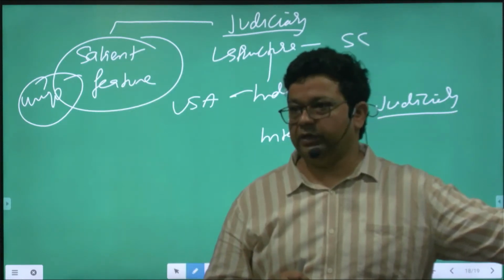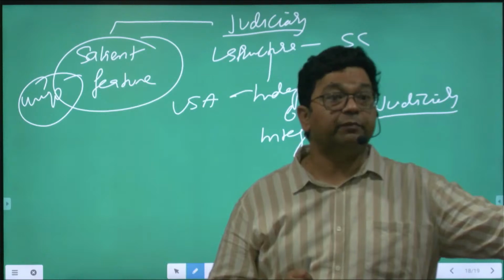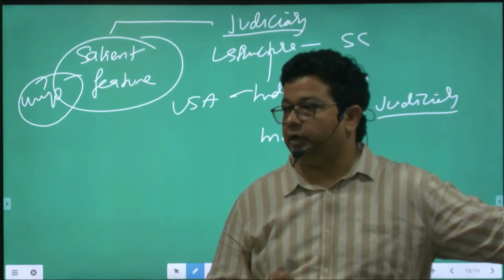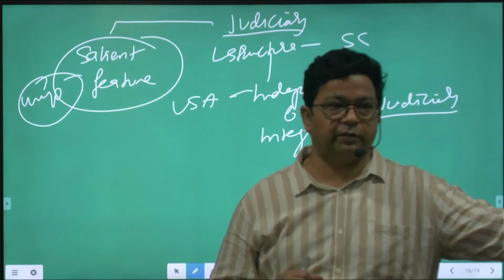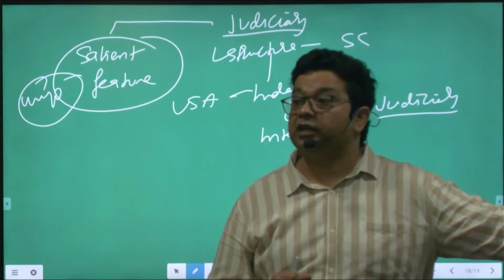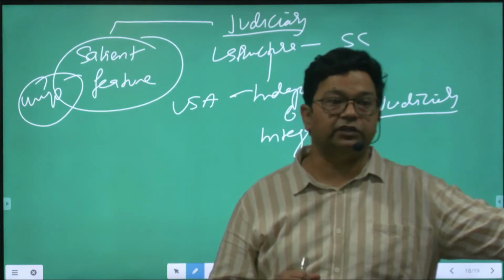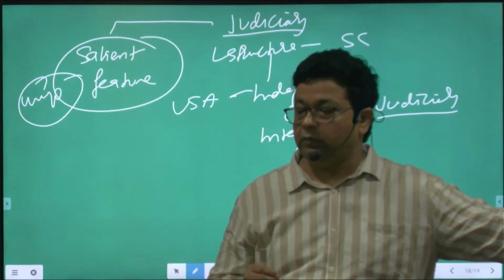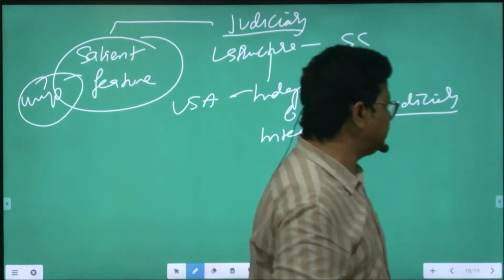Integrated judiciary means, unlike the division of power, like the legislature and executive have a division of power with different limitations. There was a division of power, yes or no?